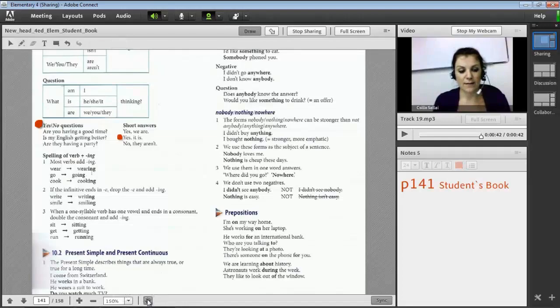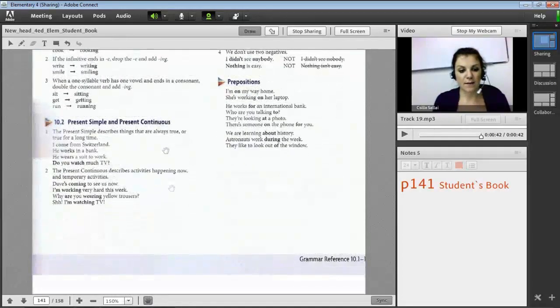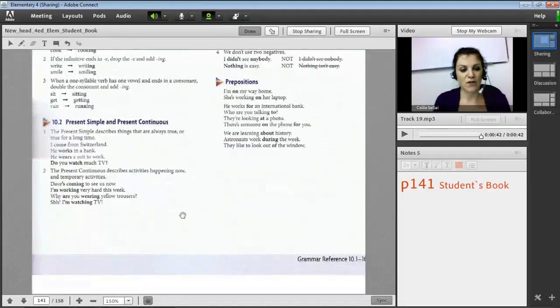So that's right. That's about the yes or no questions. And if you go down at the bottom of the page, you can also find a short revision of the differences between the present simple and the present continuous.